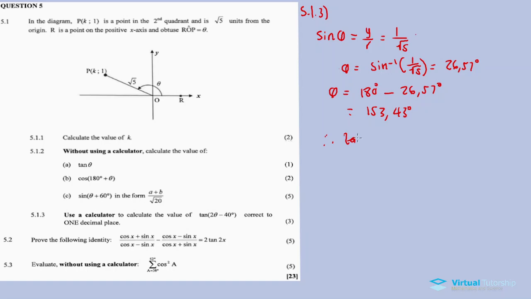Therefore tan of 2 theta minus 40 degrees is equal to tan of 2 times 153.43 minus 40 degrees.